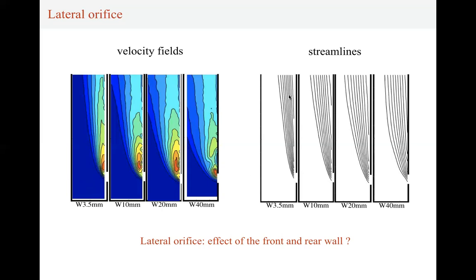And what we see in the streamlines is that the flow is more and more vertical when the silo is really thin. For a large silo you have a curvature, but for a thin silo it seems to be really, really vertical.